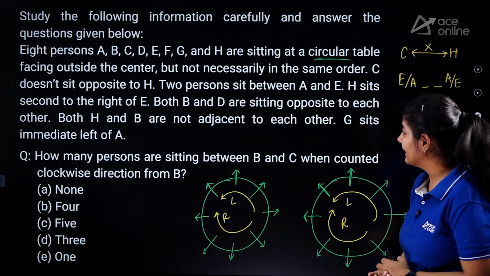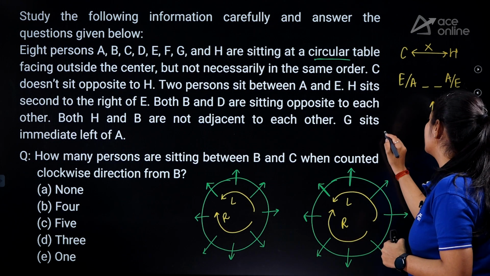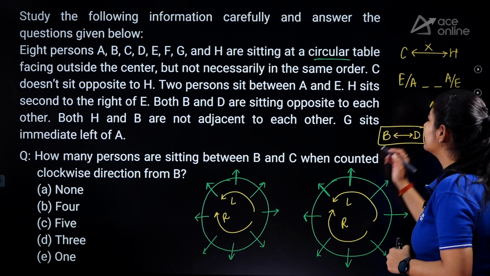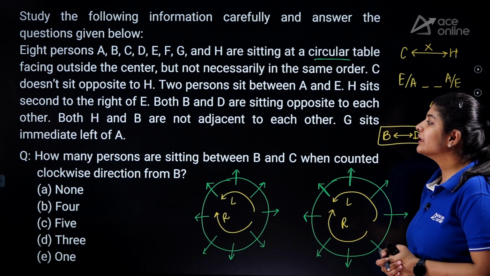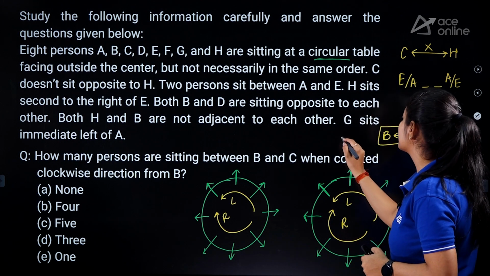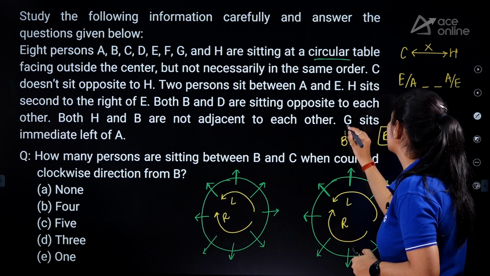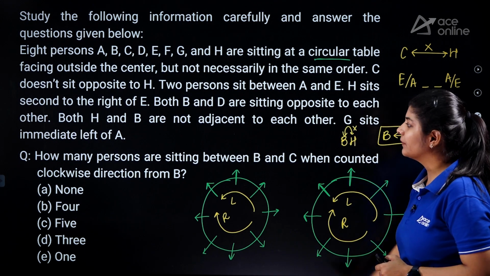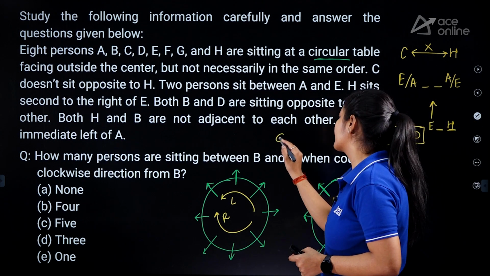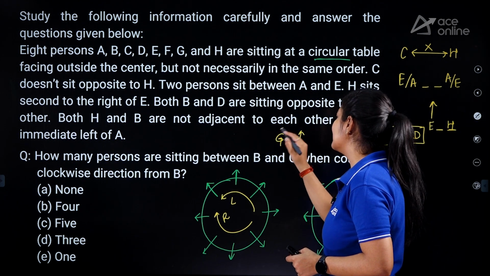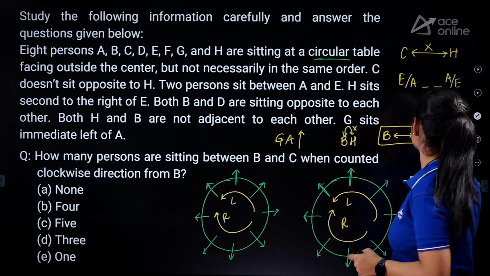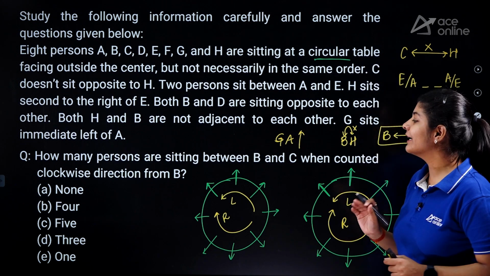Both B and D are sitting opposite to each other. Both H and B are not adjacent to each other. G sits immediate left of A. So if we have A like this, then at the immediate left position we have G.